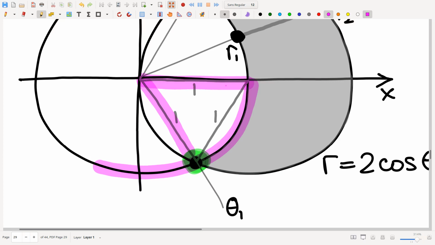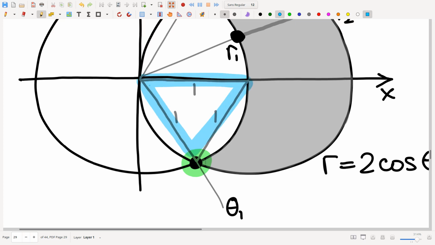Likewise, that's 1 because that too is a radius of the same circle of radius 1. And then lastly, notice that this is a radius of that circle of radius 1, right? So nice little punchline is that by observing what's a radius of what, this point is on a known established equilateral triangle, and we already know the angles of equilateral triangles, and keeping in mind that this is going in the negative theta direction, it's going downward from where we measure theta, this is just negative pi over 3.